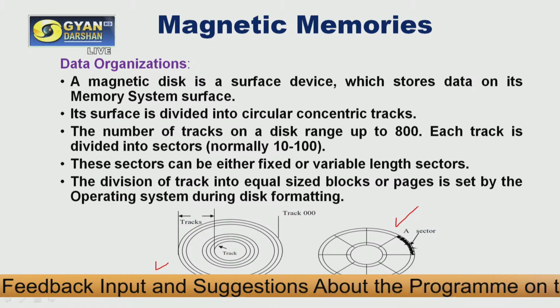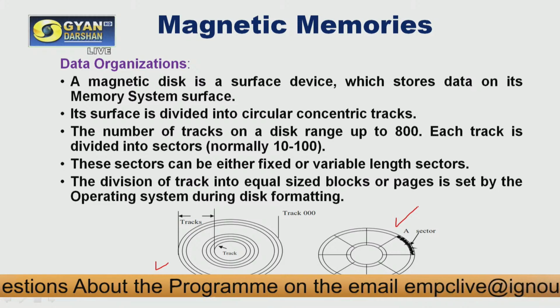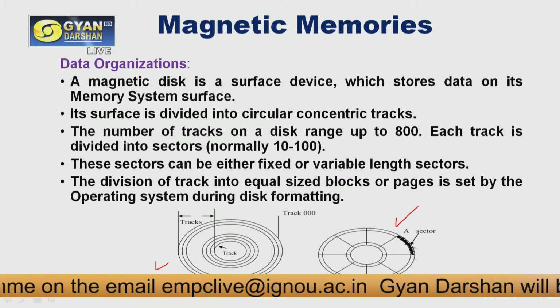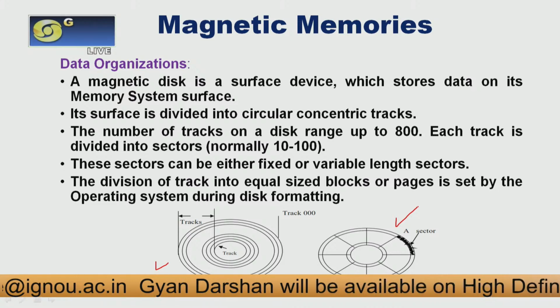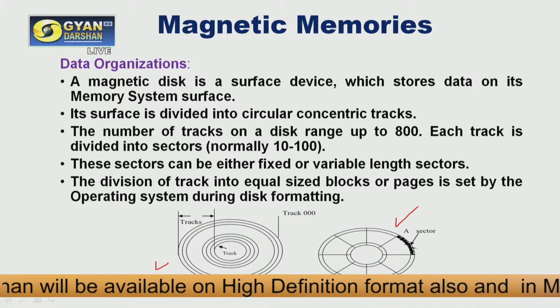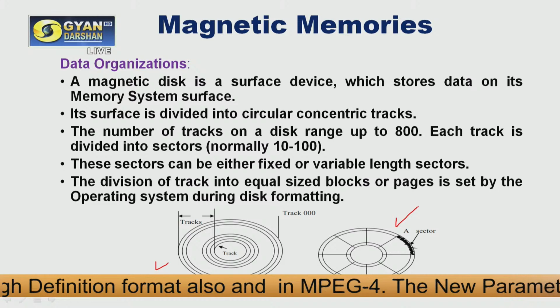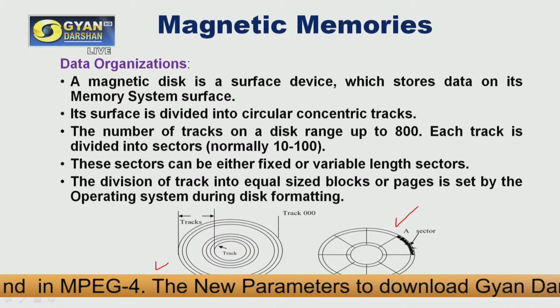These devices store the data onto the surfaces, where the surface is divided into a number of tracks, and tracks are divided into a number of sectors. If we say that there is a disk, then there is a surface at the top and a surface at the bottom. So if we have a memory which has, say, 2 disks, then automatically 4 surfaces are available.